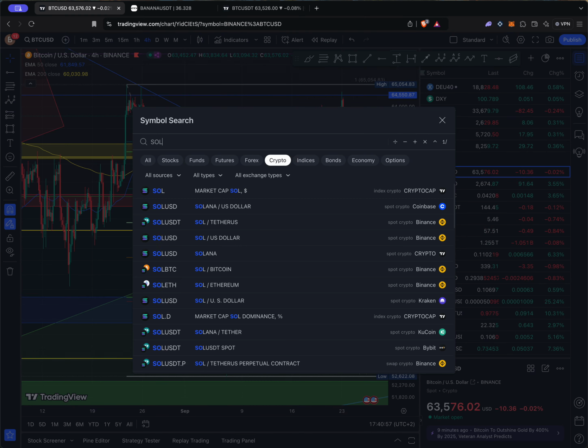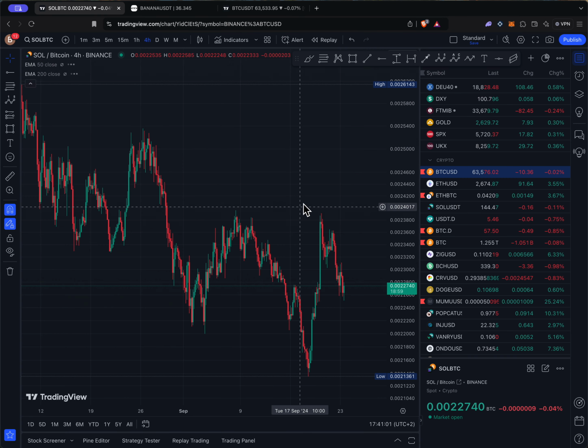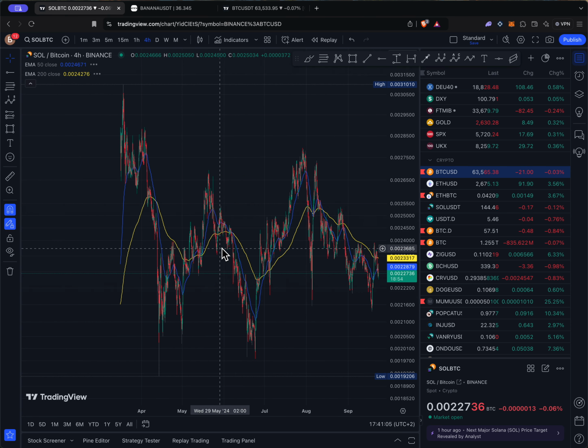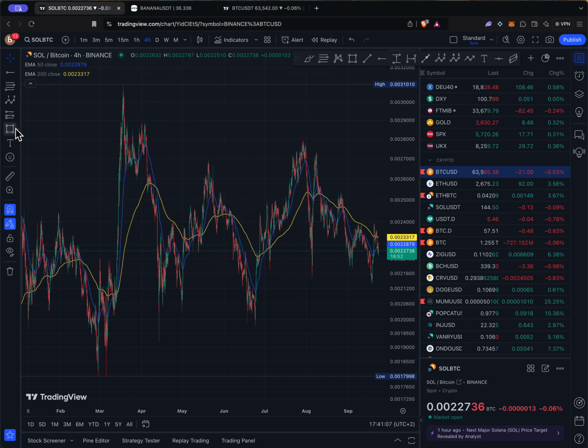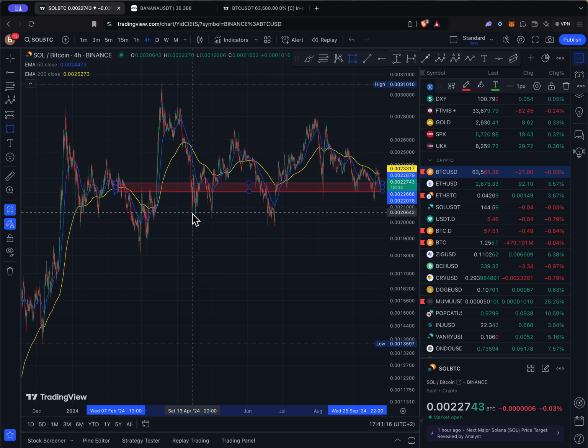So I'm gonna pull Solana BTC. And we see here that Sol, in this case, this is 4 hour, yes, this is a liquidity zone. Then we have, this is another one.